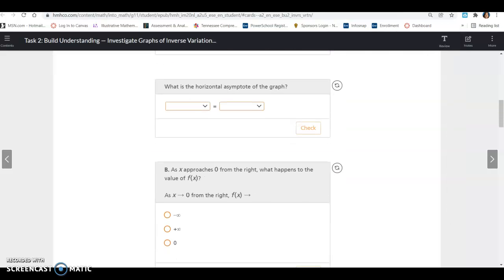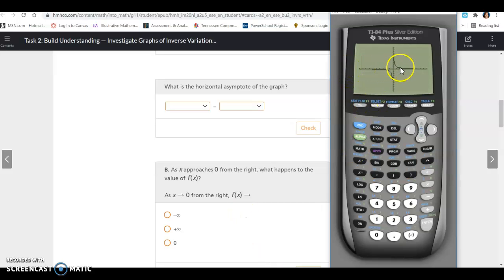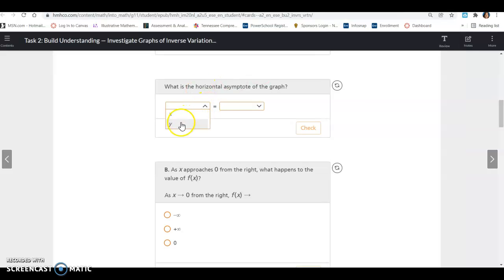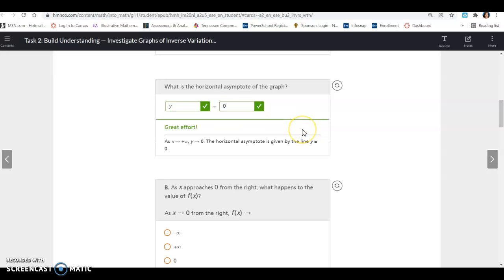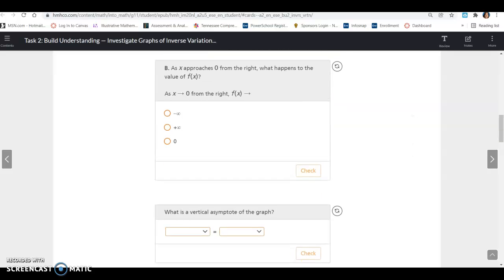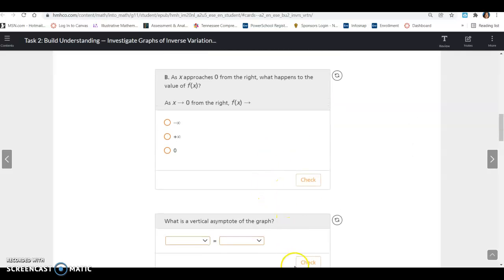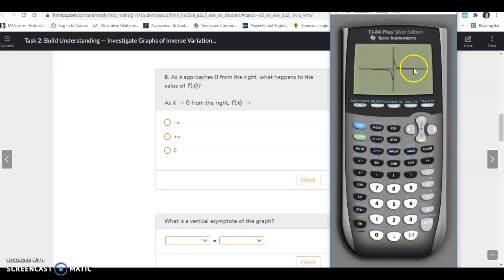All right, it says what is the horizontal asymptote of the graph? Okay, so here's the horizontal asymptote. So this is y, so it goes through y at 0. All right, then it says as x approaches 0, okay, so here's 0. So as the graph approaches 0, it looks like it's going up towards the y-axis.